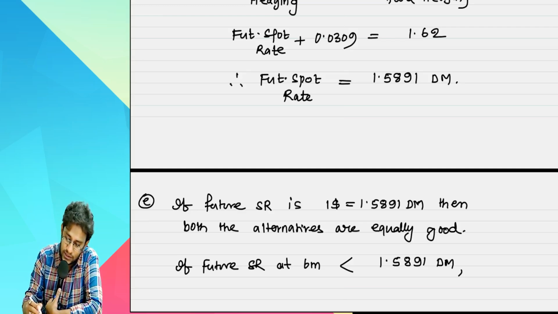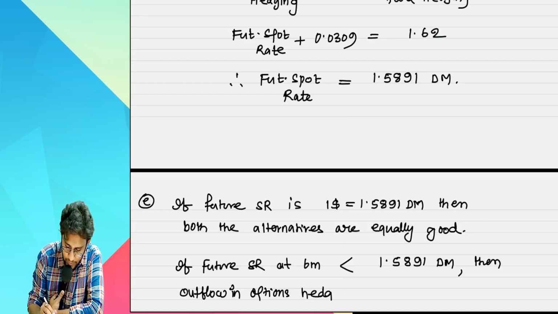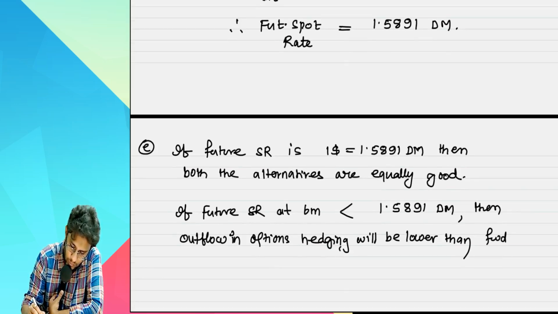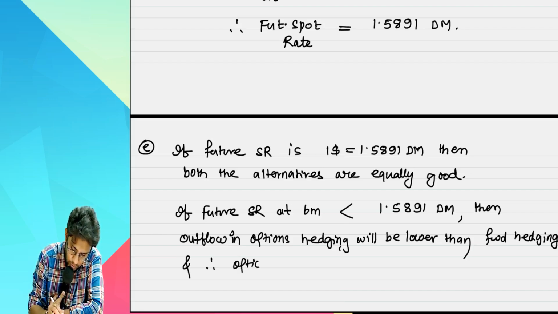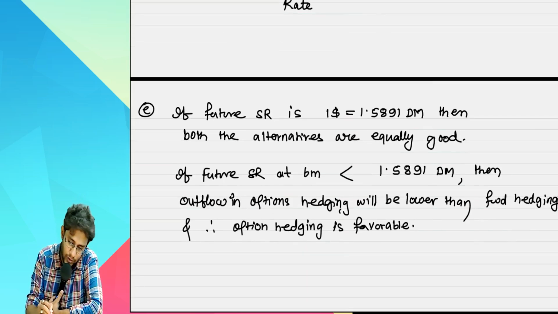So if the future spot rate is less than 1.5891 dm, then outflow in options hedging will be lower than forward hedging, and therefore option hedging is favorable. So 1.5891 is your cutoff point, sir.